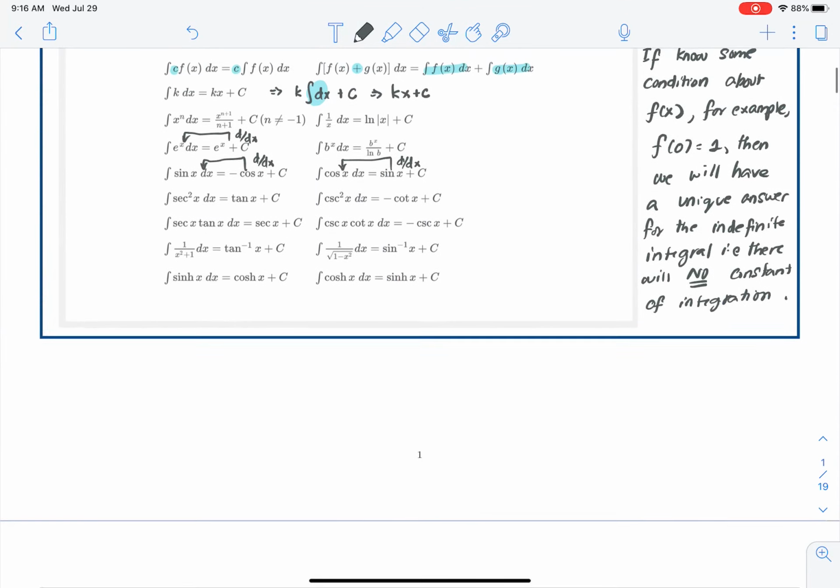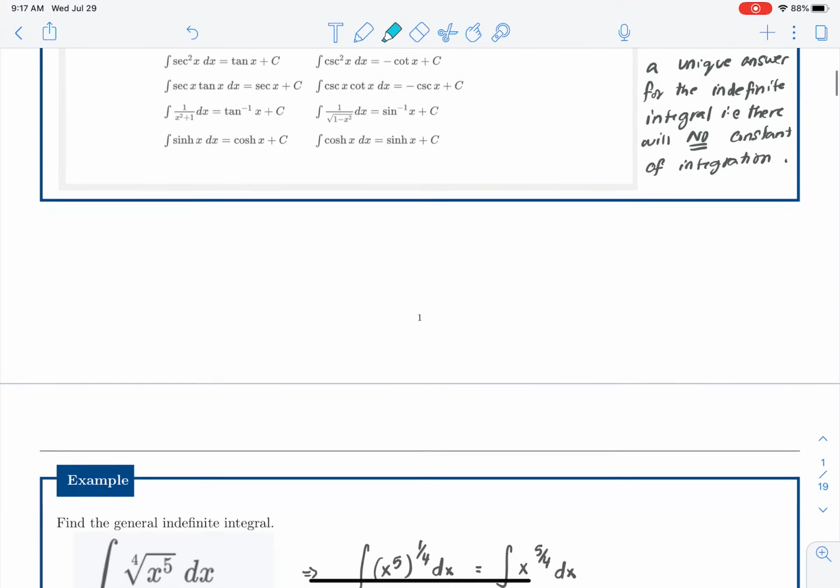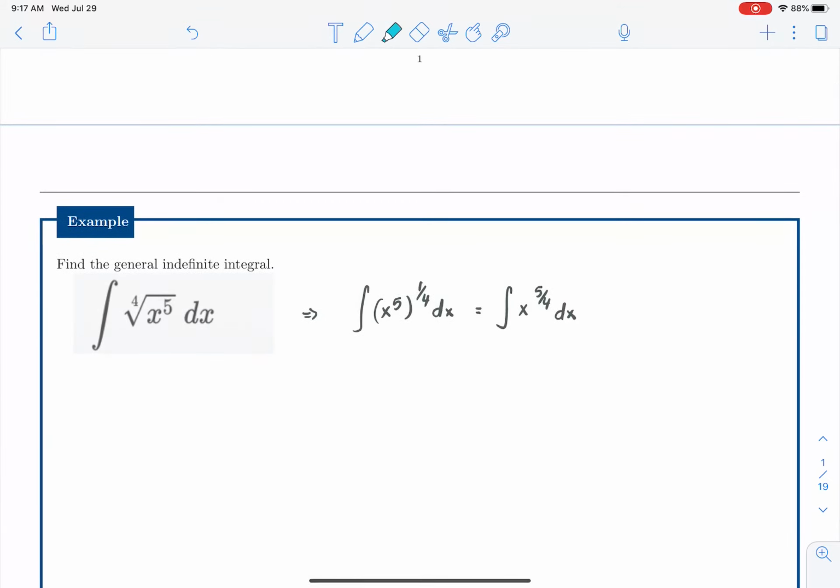If we go back and look at the table, we have that the integral of x raised n is simply x raised n plus 1 divided by n plus 1 plus c. However, n cannot be equal to negative 1. If it is negative 1, the integral is ln of absolute value of x plus c. Fortunately for us, n is not negative 1.